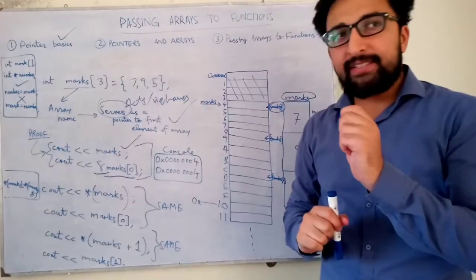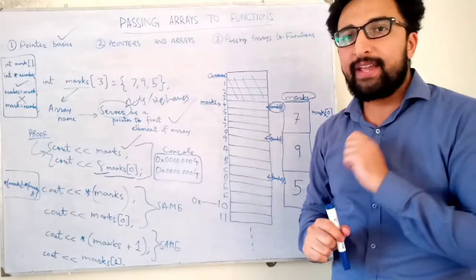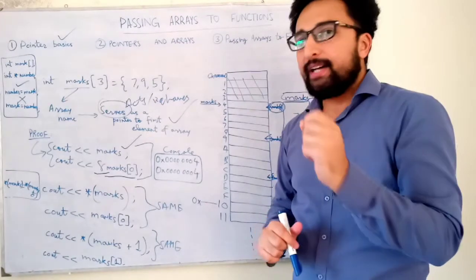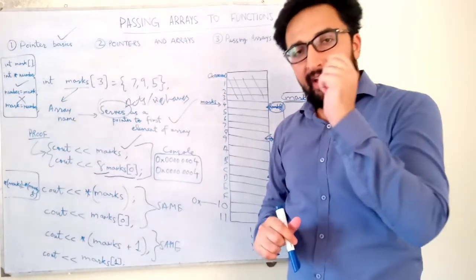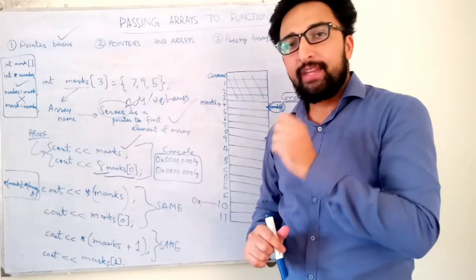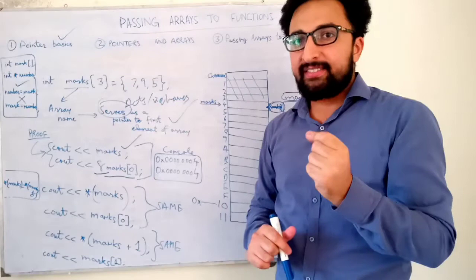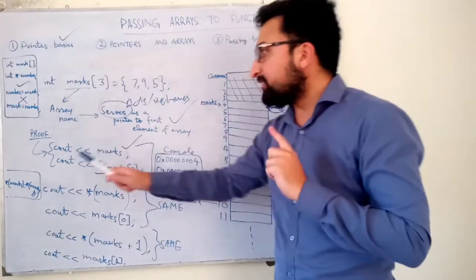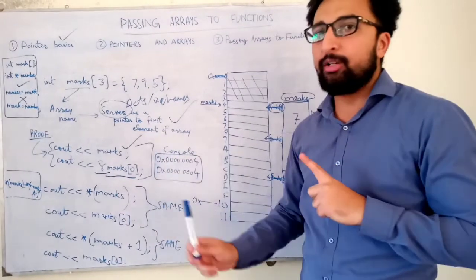However, that difference exists, and that difference is that we cannot assign other addresses to array names. However, we can assign other addresses to pointer variables. That is why an array name is not a pointer to the first element of the array.